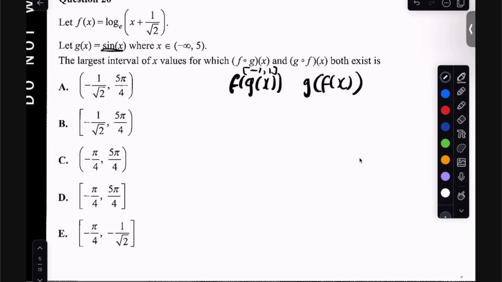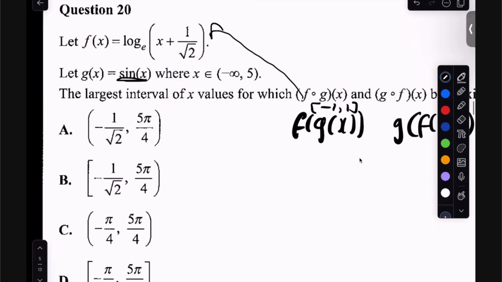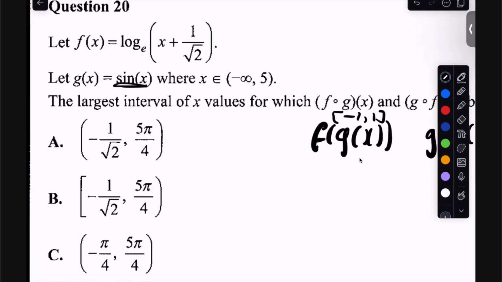Now, can we sub that into here? 1 over √2 is 1 point something. That's 0 point something, and that means we can't put in -1. So we actually have to restrict the domain. Basically, the smallest thing can only be -1 on √2, not included, all the way up to infinity.